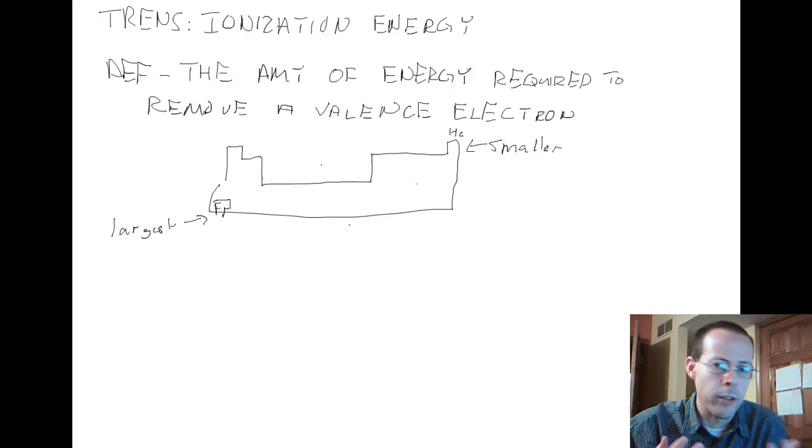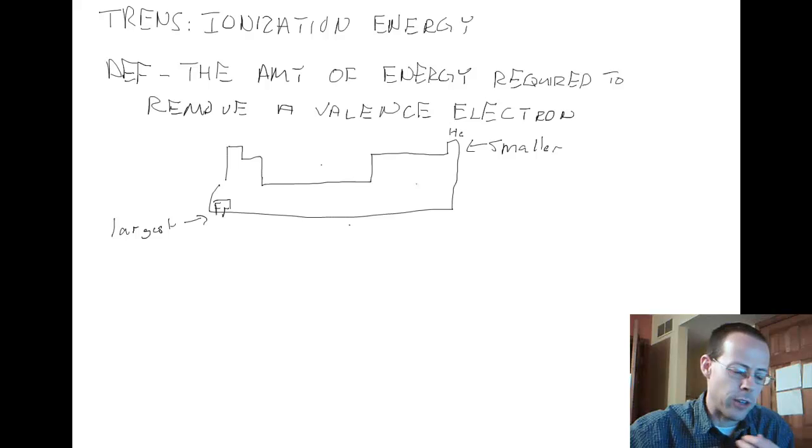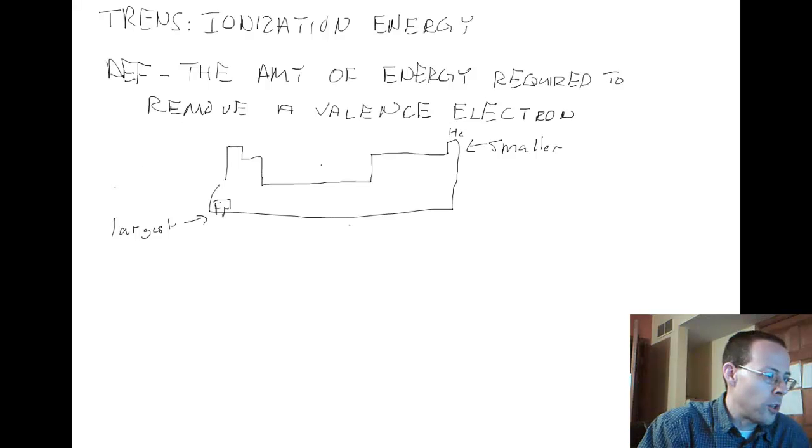Compared to other atoms, francium's valence electrons, those furthest electrons, are a long ways from the nucleus. So it takes little energy to knock that electron away. So, largest atoms have small IE, and IE is just ionization energy.